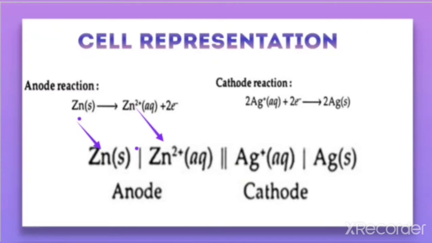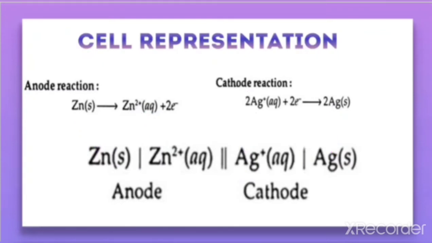Next, which one is the reactant here? Silver ion is the reactant. So reactant, then bar, and the product is silver. In the balanced equation, whenever there is a stoichiometric coefficient like twice here, there is no need to mention it in the cell representation. You can see in the cell representation the twice is not mentioned. So these are the ways to write the cell representation.